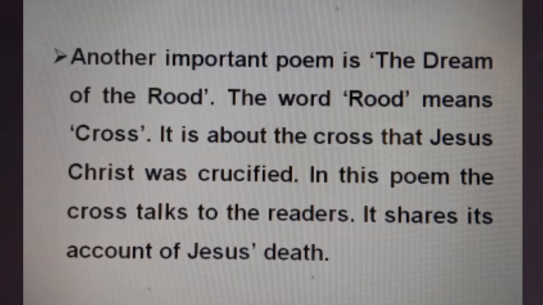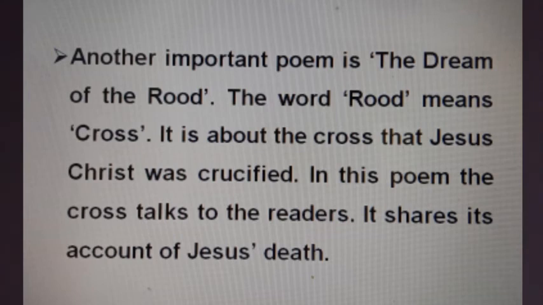Then another important poem from the Old English period was The Dream of the Rood. The word rood means cross, the cross of Jesus Christ. It is about the cross on which Jesus Christ was crucified.